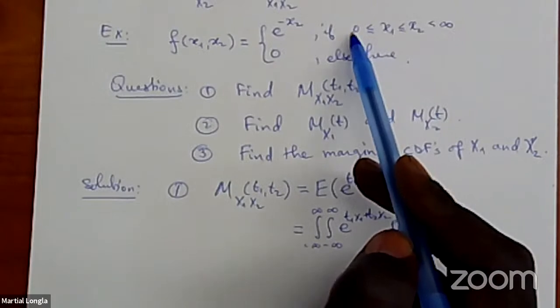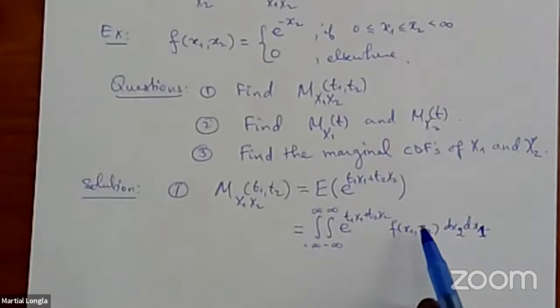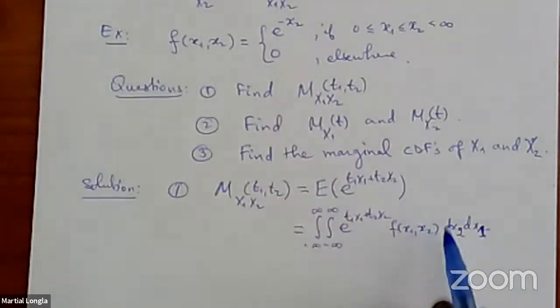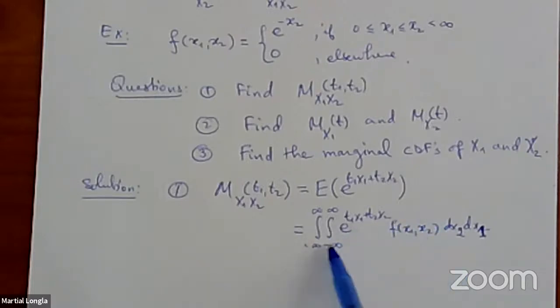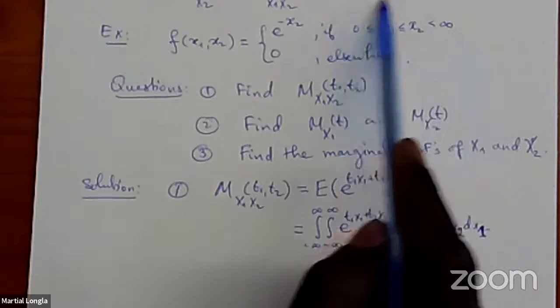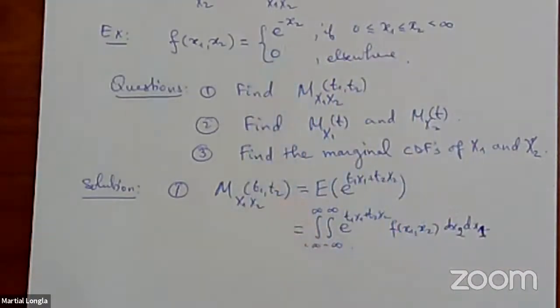Does that make sense? So we can't just come here and write e to negative x2 and start computing. That would be wrong. Because to plug in e to negative x2, you need to know that the boundary of integration needs to respect the fact that out of this range, f is 0. That's a very common mistake to forget that.